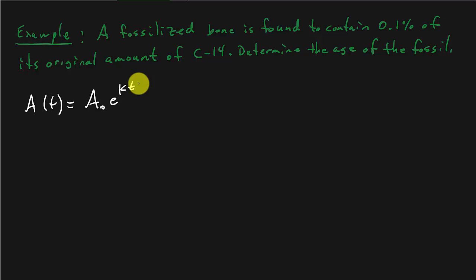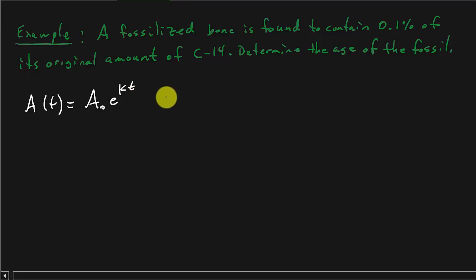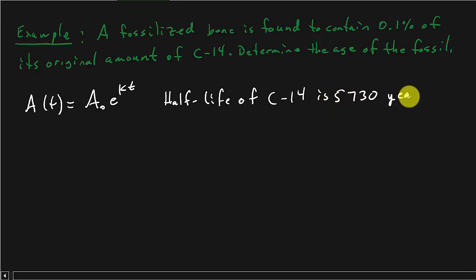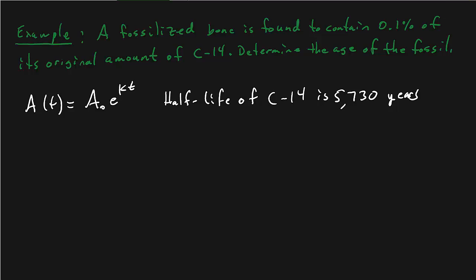So remember, we need to figure out what k is, and just a little note: the half-life of C14 is 5,730 years. There's a Libby's calculated value of the half-life for C14 that was approximately 5,600 years.